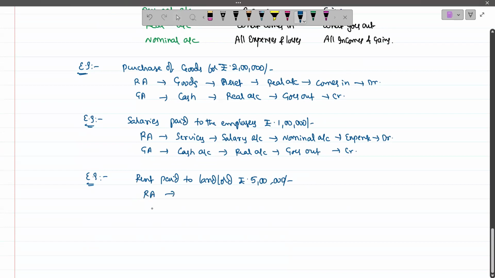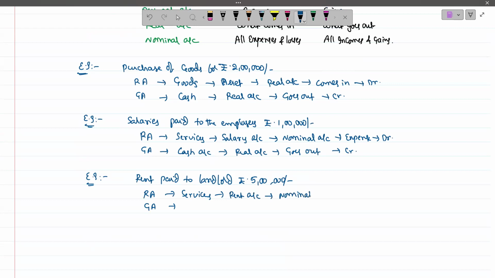Then what is the receiving aspect there, and what is the giving aspect there? Why are we paying the rent? Because they are providing access for utilization of the building. Nothing but we are getting what? Services. And the service is represented with the name of the amount you paid, nothing but rent. So rent is a nominal account.